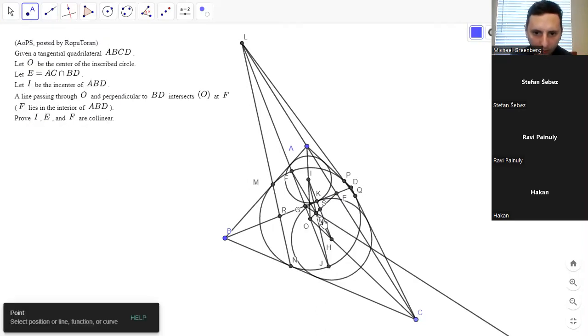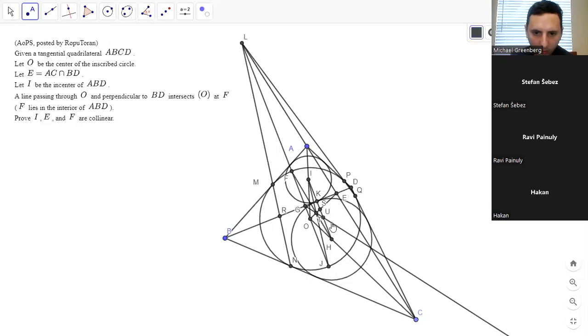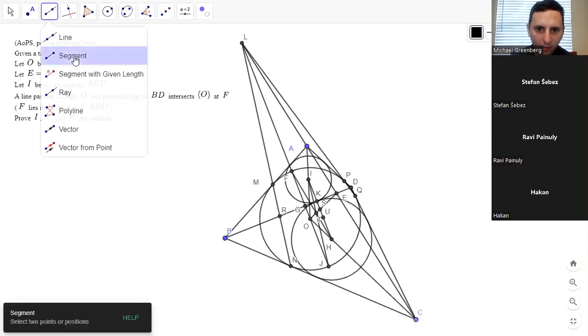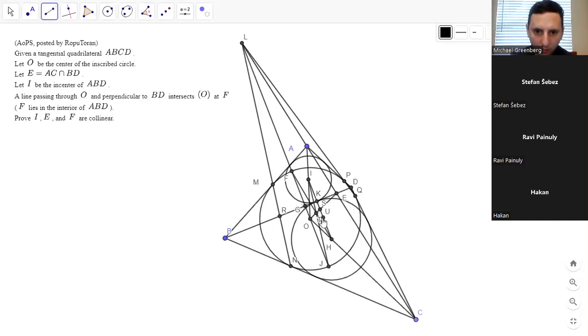So basically, if we want to prove that the cross ratio OSTE is harmonic, then we want to show that S is the midpoint of KU.